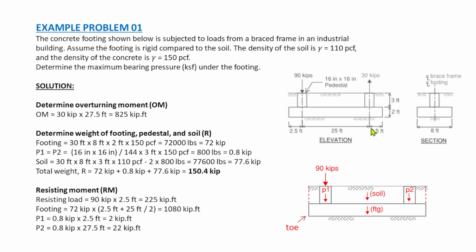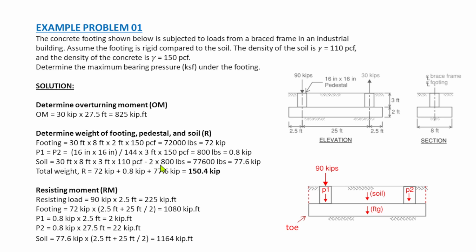27.5 from here to there, that is 25 plus 2.5, is equal to 22 kips feet for pedestal. Then the last one is the soil. Soil is 27.6. We have 27.6 times the moment arm of the soil. Our soil is net 77.6, the net soil.